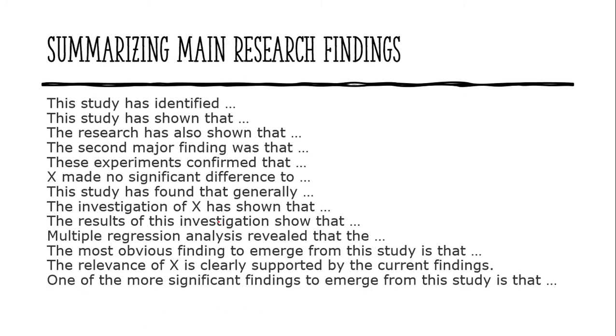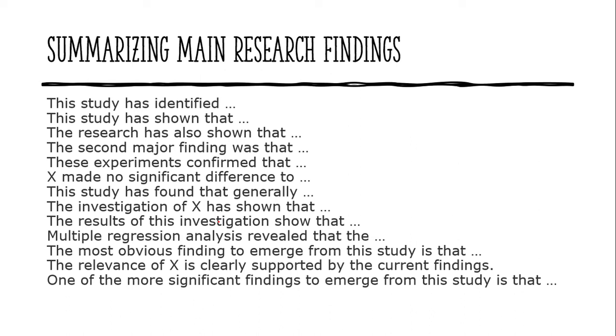Then you want to summarize your main research findings. This study has identified, and based on your result, what has it identified? Maybe the algorithm has given you better accuracy, or the algorithm has been able to recommend the top 3 movies, something like that.